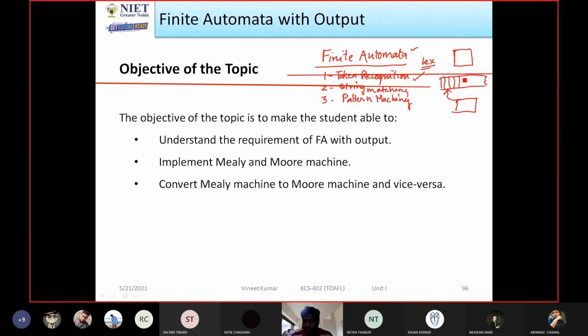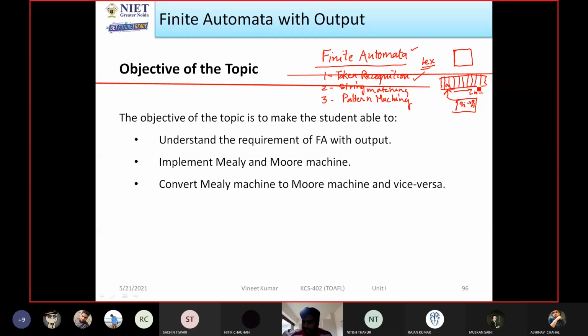Whatever the string is, that string is placed over this tape, and each cell contains one symbol at a time. Head moves only in one direction, that is left to right, and scanning a symbol present over the tape, the head moves one cell right, and there is a change in state from qi to qj, right?